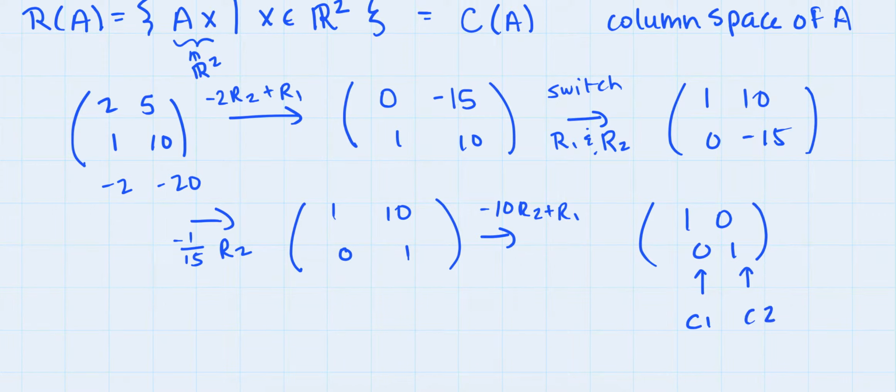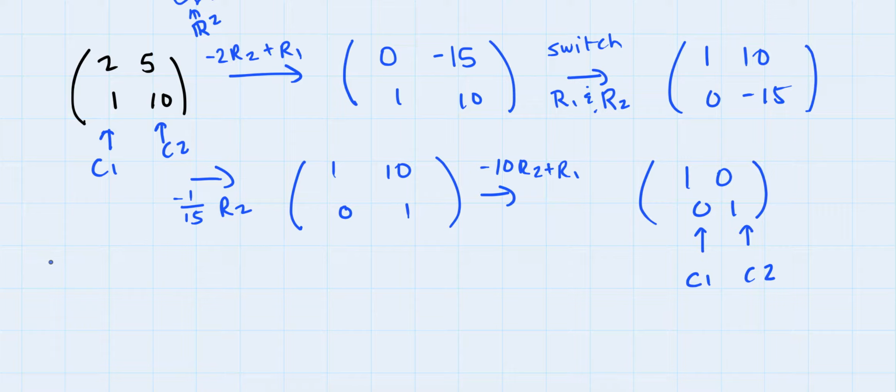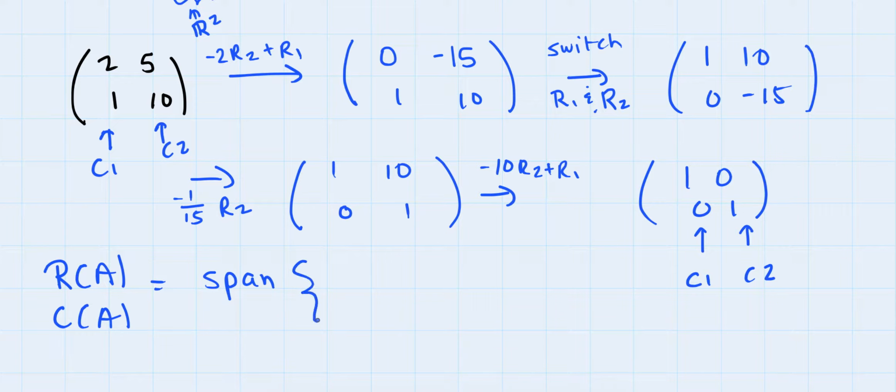So in our original matrix, which is right here, column 1, column 2, they form a basis for the range of our matrix. So the range, which is also the column space, is equal to the span of the columns 2, 1 and 5, 10.